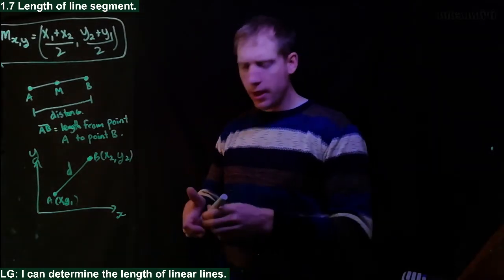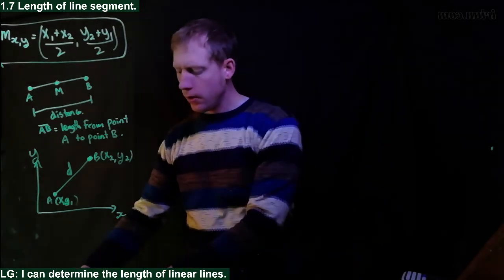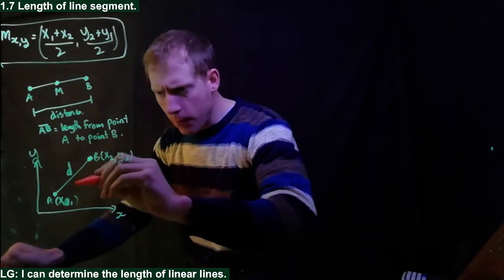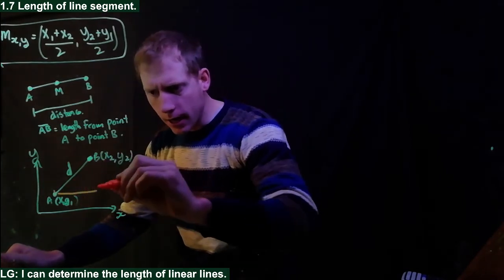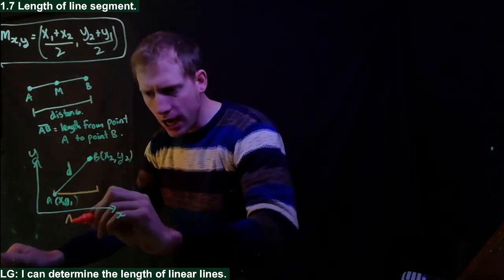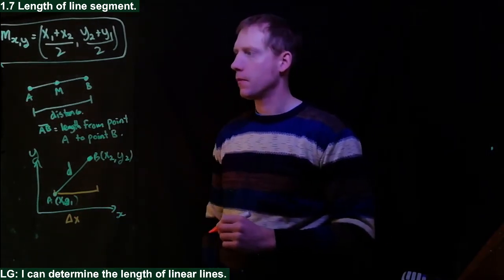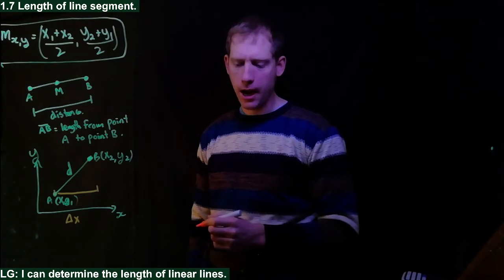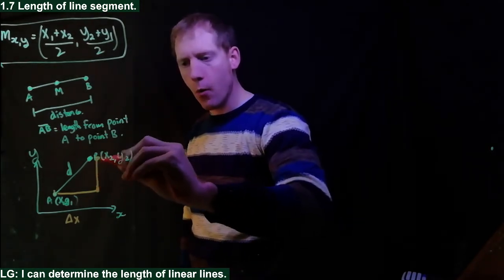We can actually do this from something that we already know. Again, we have to find the distance from here to here. We need to find the change in my x value, and you need to find the change of your y value.